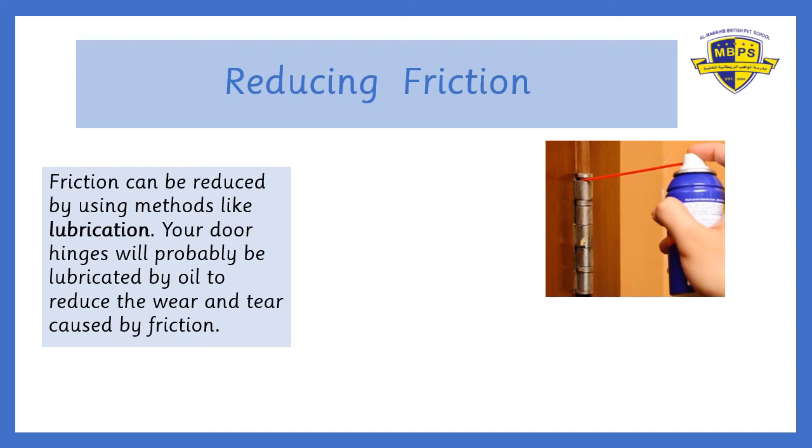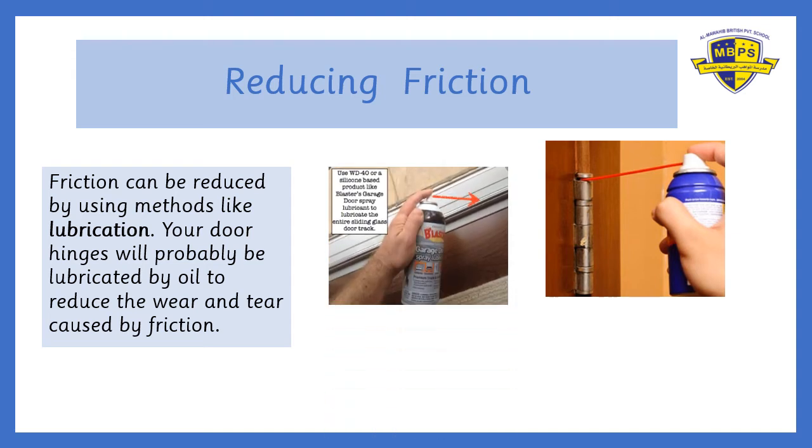And the wear and tear because of the rubbing of two surfaces also becomes less. First, they were rubbing against each other, causing too much friction and making noise, but we reduce the friction by applying oil or grease, and now we can move our doors easily, even our balcony doors.